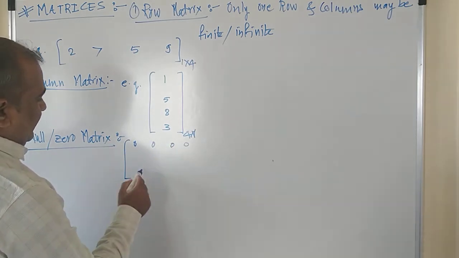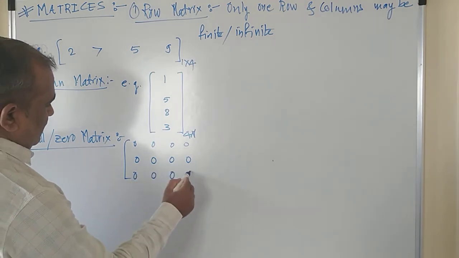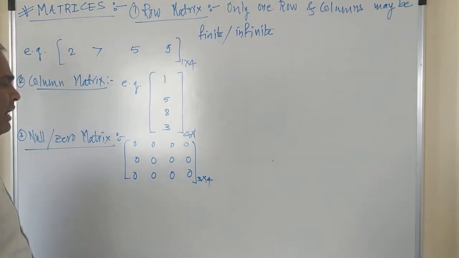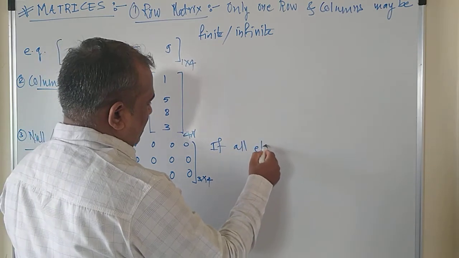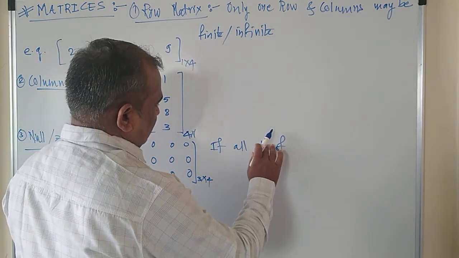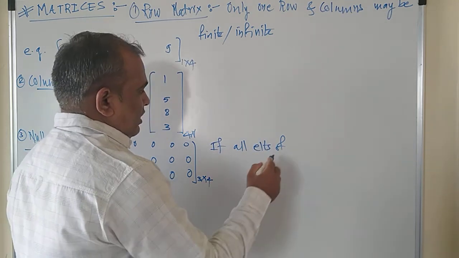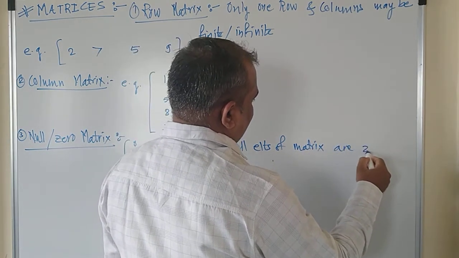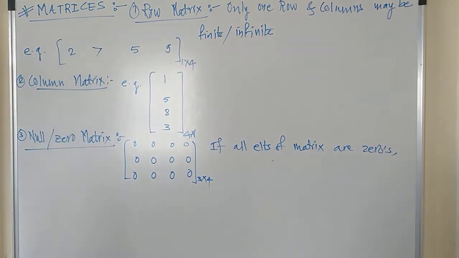Suppose this is a matrix of 3 by 4 type, whose all elements are 0, right? I can say if all elements of a matrix are zeros, then the corresponding matrix is called a null matrix or a zero matrix, isn't it?